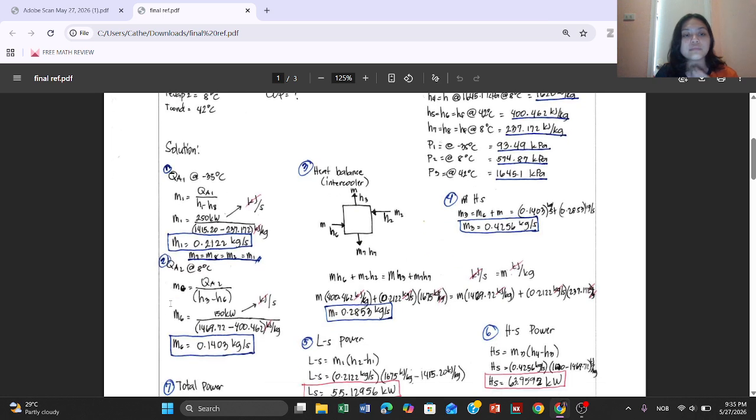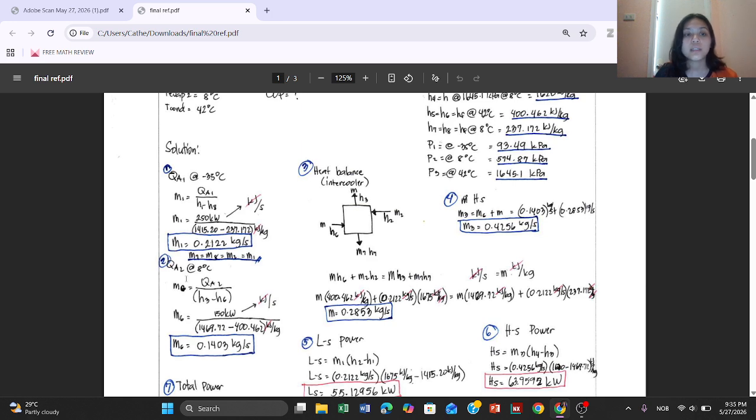Next is the mass flow rate at point 6, using the refrigeration capacity given in the problem, which is the heat added at evaporator 2, QA2 at 8 degrees Celsius.